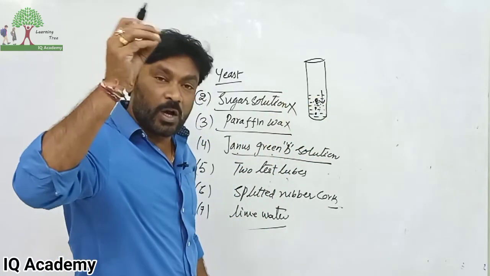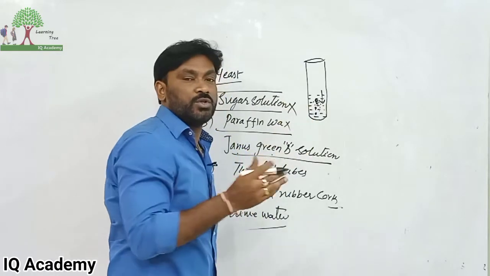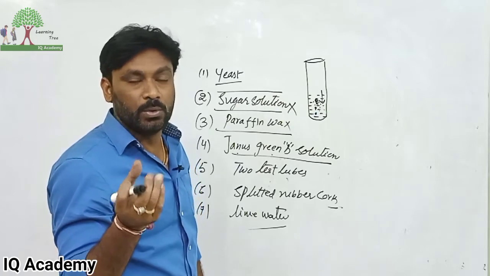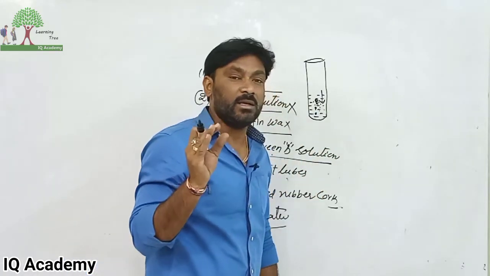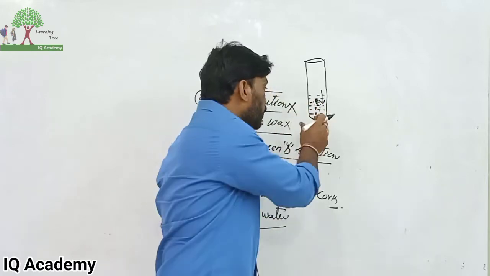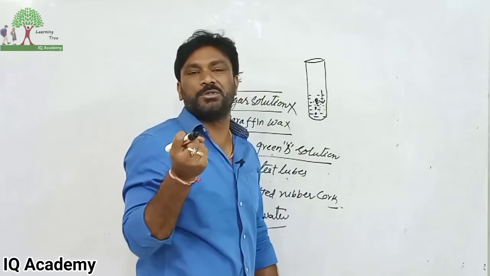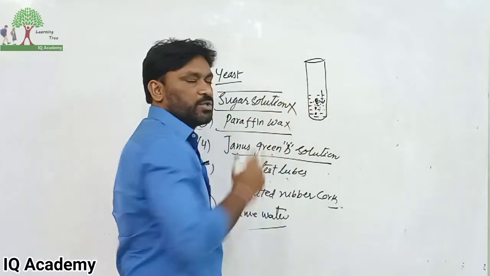If oxygen is dissolved in the sugar solution, Janus green B solution will absorb the oxygen. So totally we have to do the experiment in the absence of oxygen only. This is the main aim. So we added the Janus green B solution to absorb the dissolved oxygen present in the sugar solution.